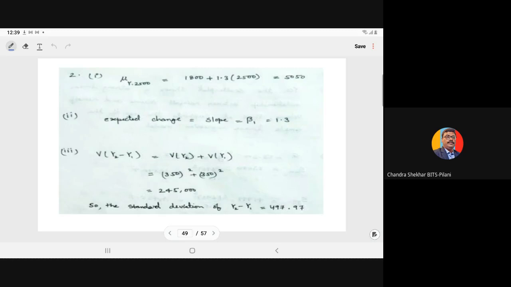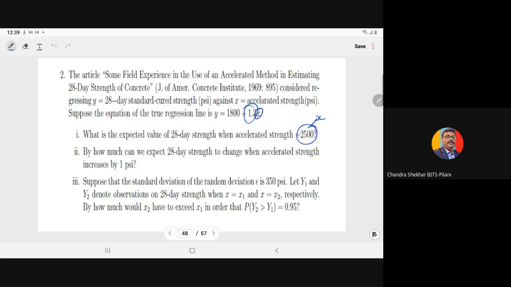In this question we represent it by beta 1, which is 1.3. For a unit change in the independent variable, we will get a change in the dependent variable by the amount of the slope.